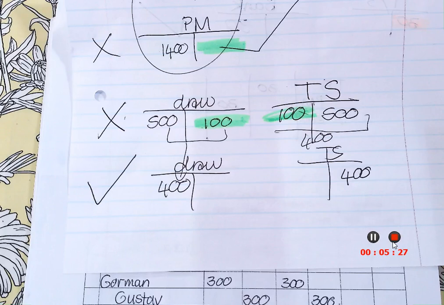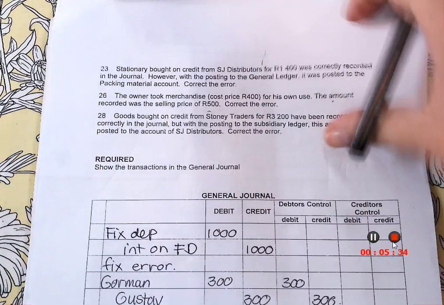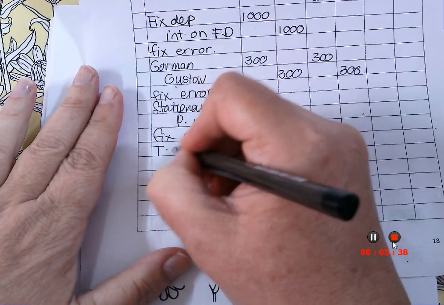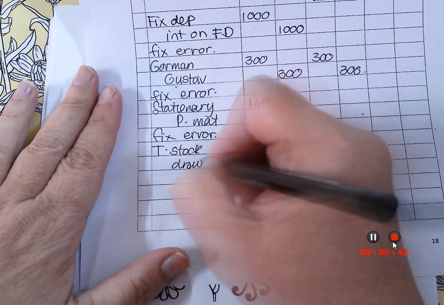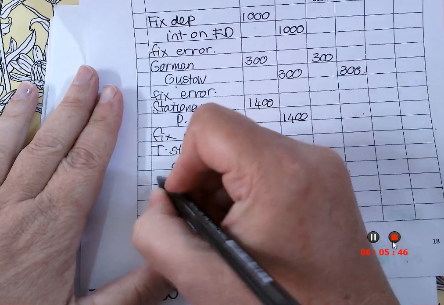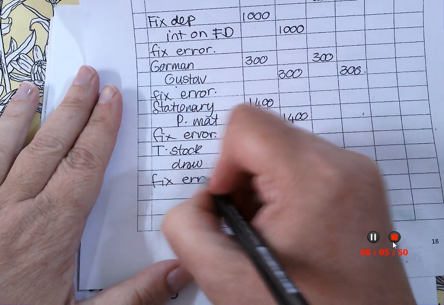Okay. We sharp. So, when I go here, I am now going to say trading stock is debited. Drawings credited with 100. Only 100, because to fix the mistake, I only had to subtract 100 from both of them.